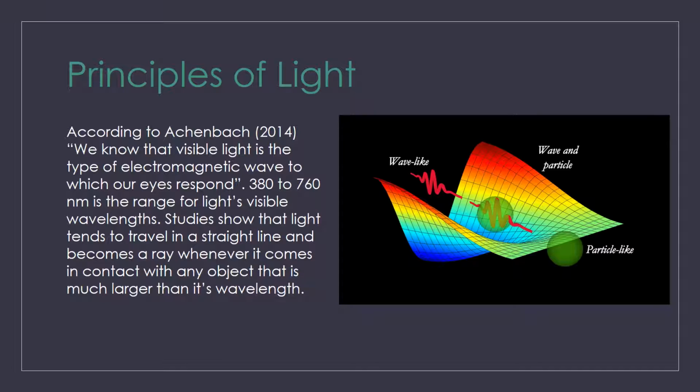Once you understand the principles of light, you will understand how light works. It does travel in a straight line, and light interacts differently with smaller objects than it does with larger objects.